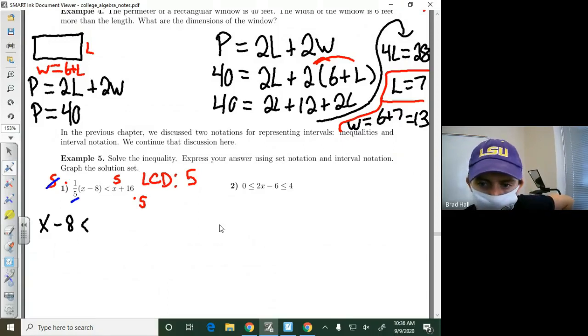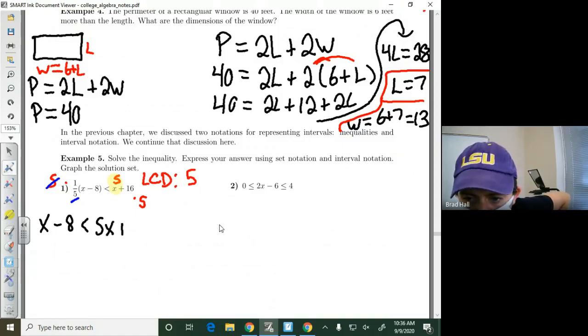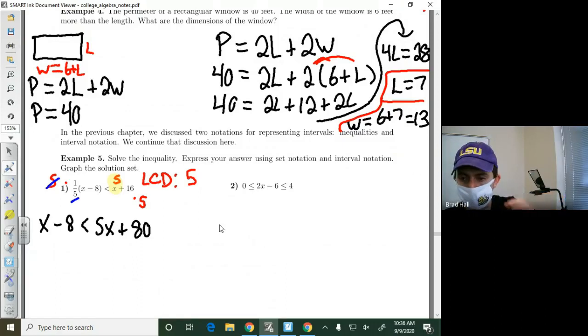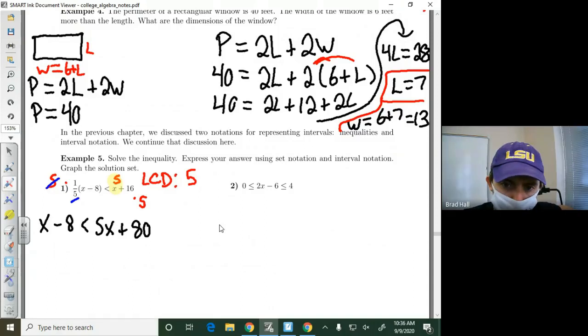It's less than 5 times x plus 16 times 5. Is that 80? Should be. And from here, like I said, we can treat this as if the inequality symbol was an equal to sign, and we combine like terms.